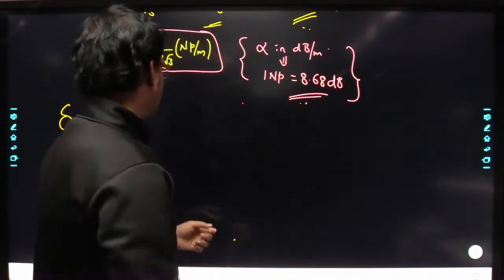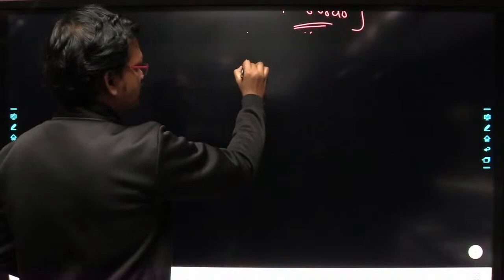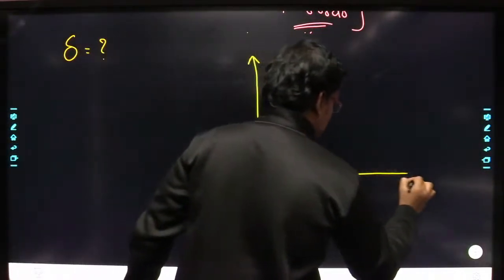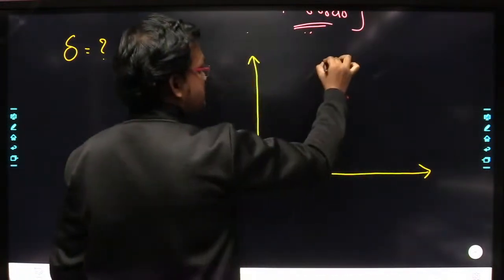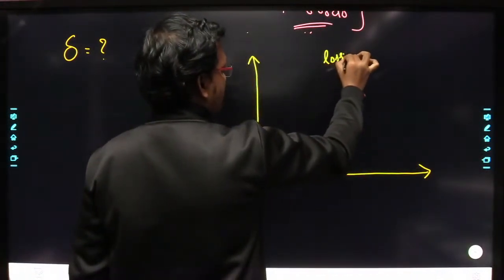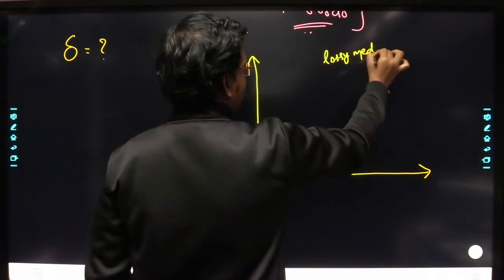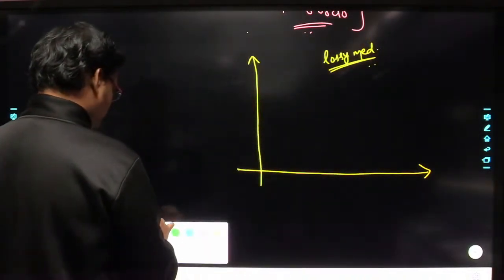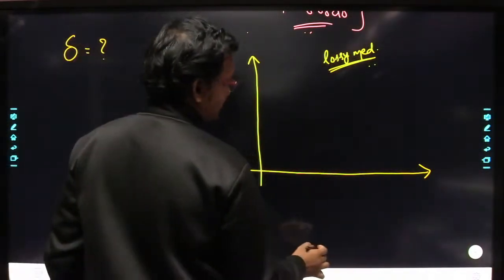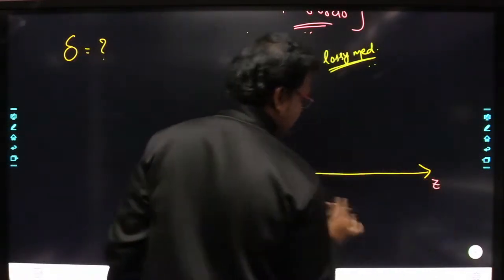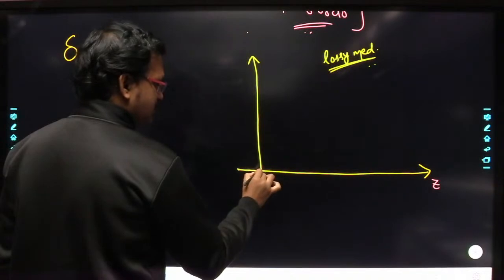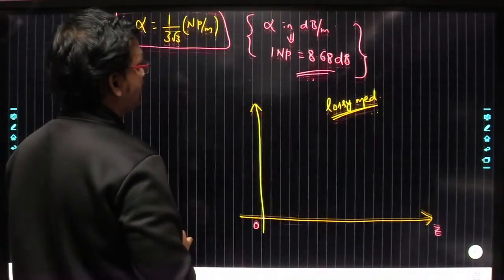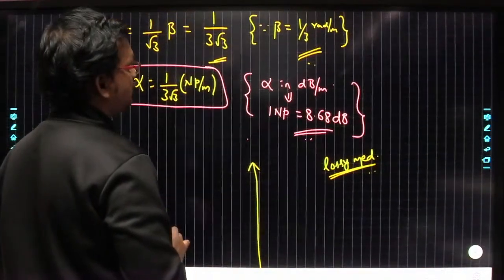See here. If I consider this as some lossy medium, and let us say this is the z direction and this is 0. Here the wave is propagating in which direction? Y direction, no?